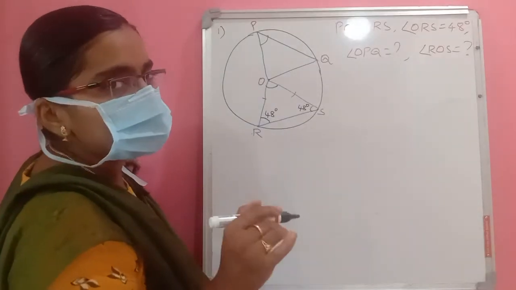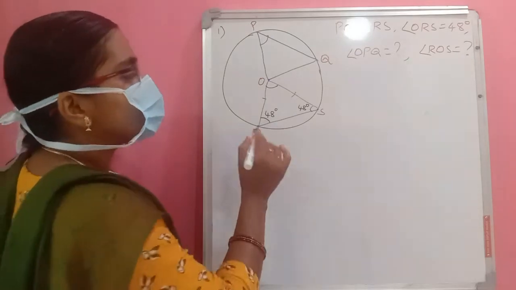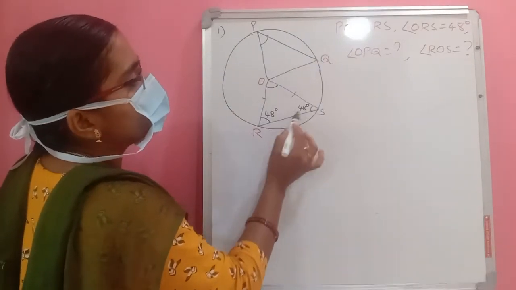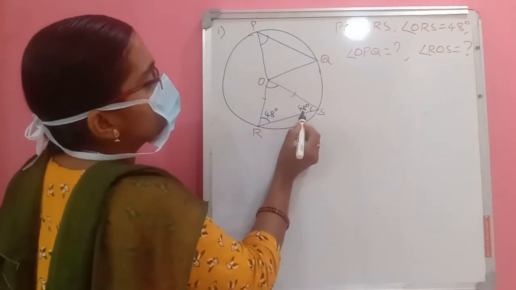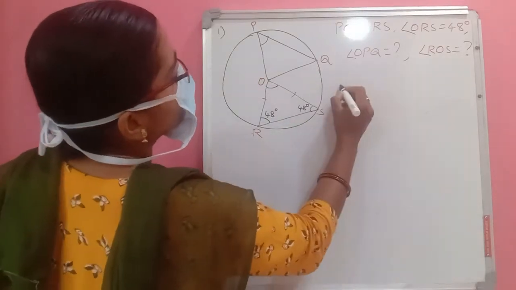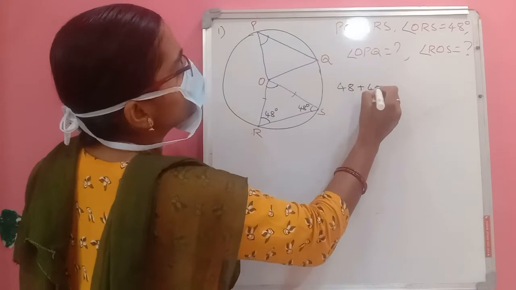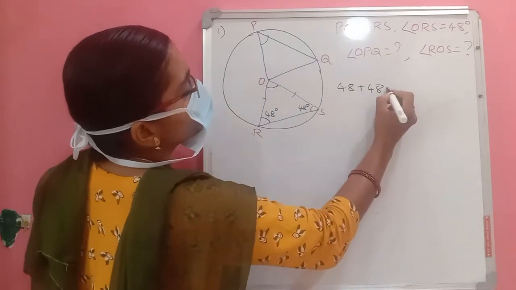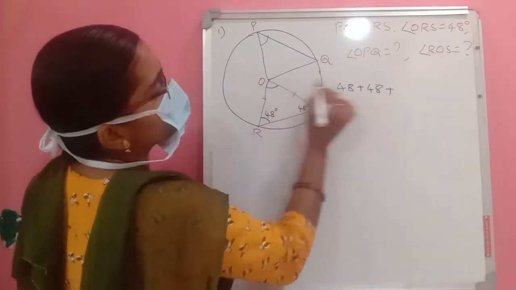And we know the angle sum property of a triangle is 180 degrees. The sum of three angles is 180. 48 plus 48 is 96. So the total of the angles is 48 plus 48 plus the angle we don't know, angle ROS.